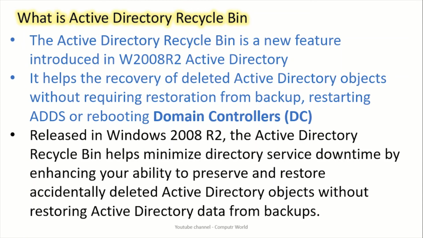Instead we can restore an object directly from the recycle bin. It is a pain in the neck to restore Active Directory from the backup. It requires a lot of downtime and it's a messy activity to restore your Active Directory database from backup.